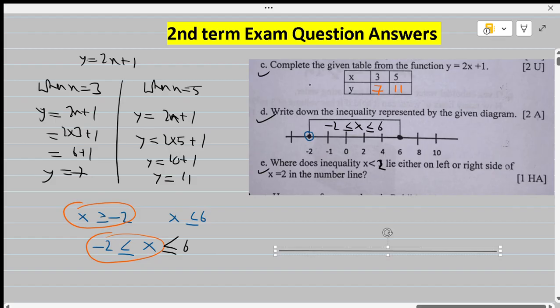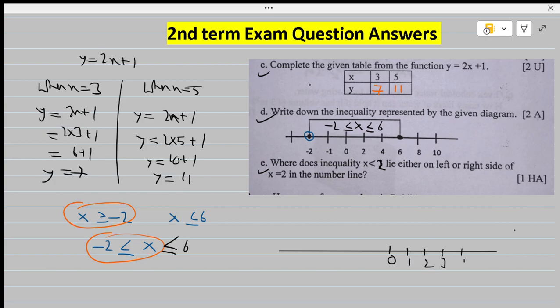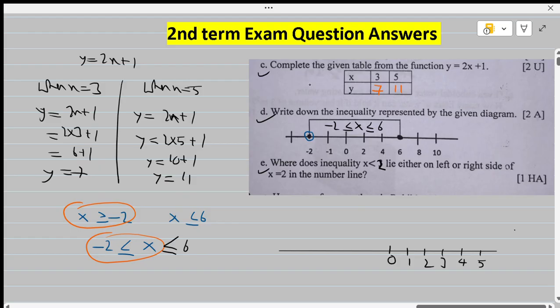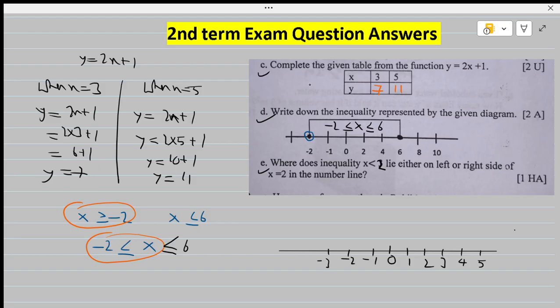Okay, so I have made one number line. So 0, 1, 2, 3, 4, 5, and some minus values also: minus 1, minus 2, minus 3, like that. Where does the inequality x lesser than 2 lie, on the left or right of x equal to 2? The x equal to 2 point is this.